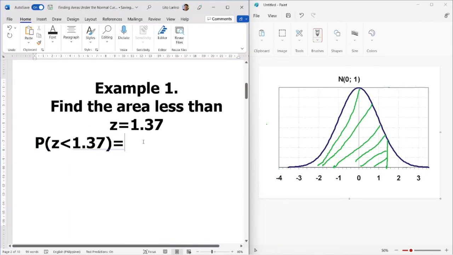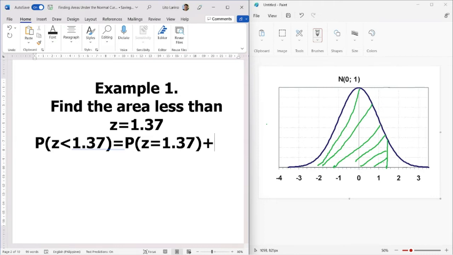And we can do that by determining the area when the z-score is 1.37 above the mean, plus. As you can see, to determine the area below the given z-score, it requires us to determine the entire area, which includes the 1/2 of the normal distribution.